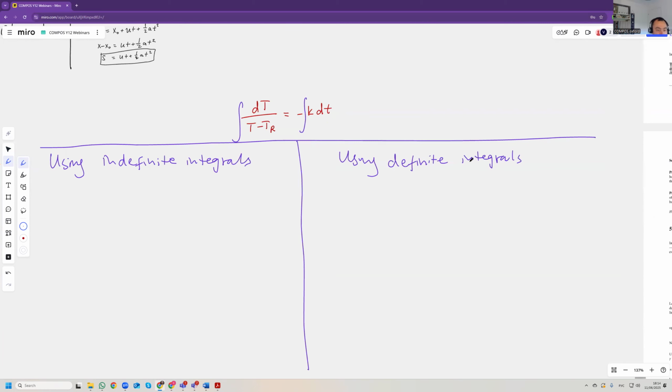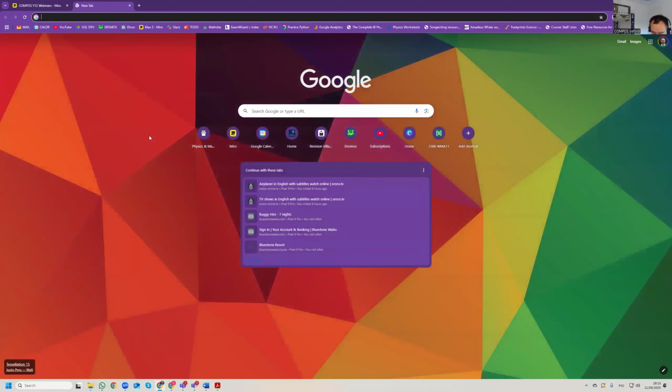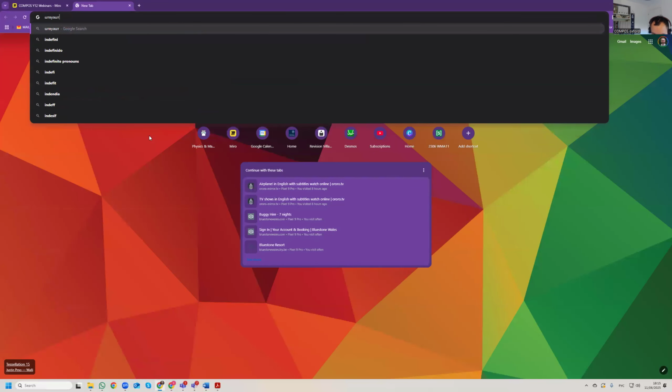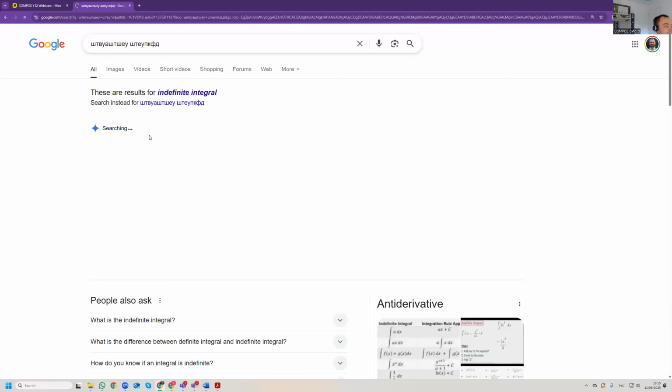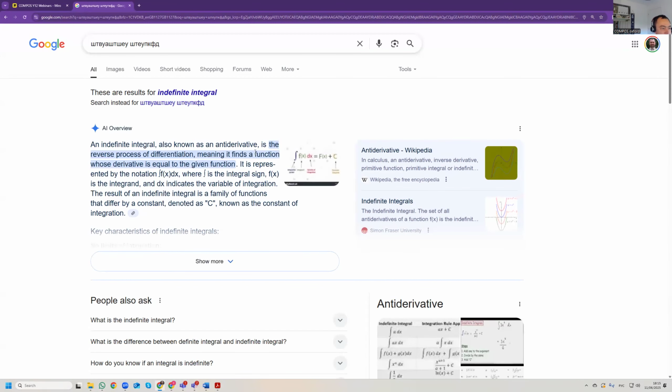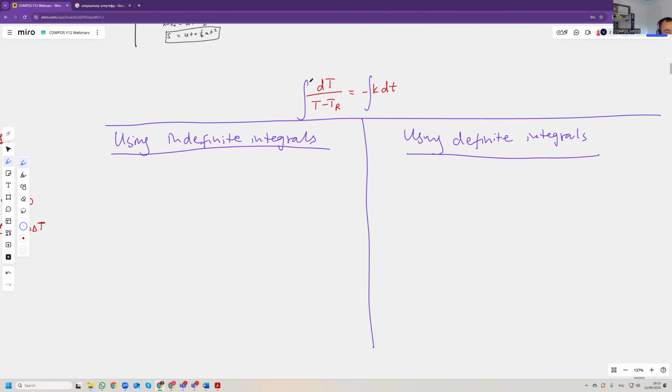I personally prefer using definite integrals, but I'll show you both approaches. Am I saying it correctly? Definite, indefinite integral. Yes, of course. Using indefinite integrals, where you take the integral and you have a constant.